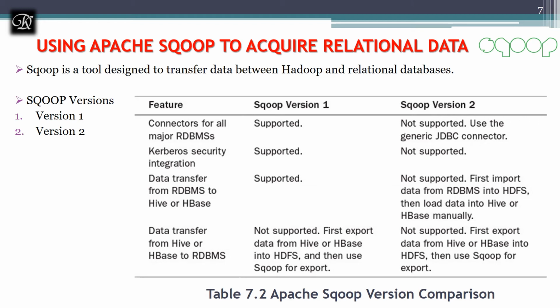Next, Kerberos security integration. If you have studied more about cryptography, you might have heard about Kerberos security integration. It's a framework which provides security where it has levels of securities. Each level is developed using multiple algorithms. You know that some of the best algorithms in the world for security are RSA, AES, DES.